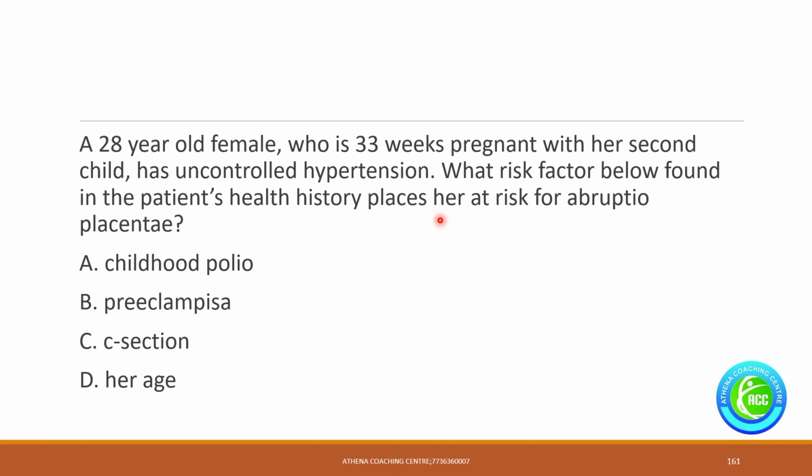I'm sorry, it's abruptio placenta. So what is considered a major contributory factor for developing abruptio placenta? It is gestational hypertension itself. It has two phases, preeclampsia and eclampsia. So the answer for this question is the second one, preeclampsia.